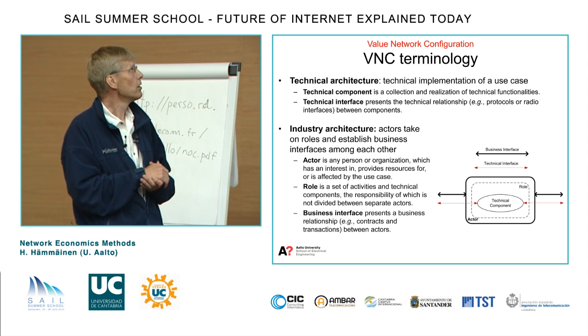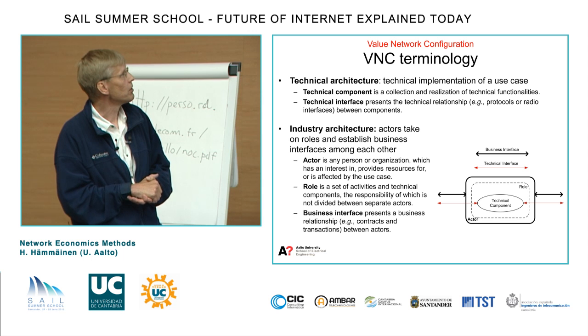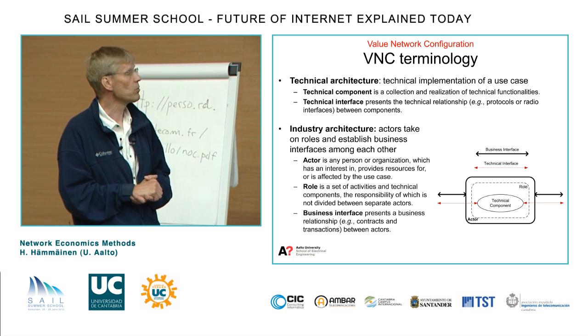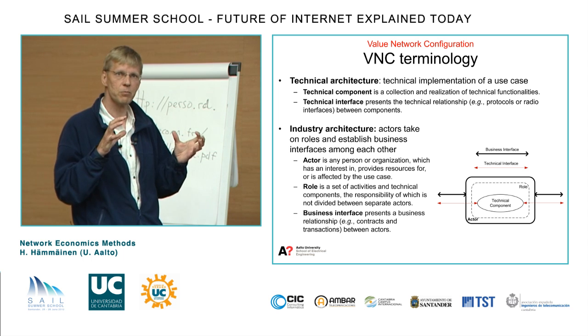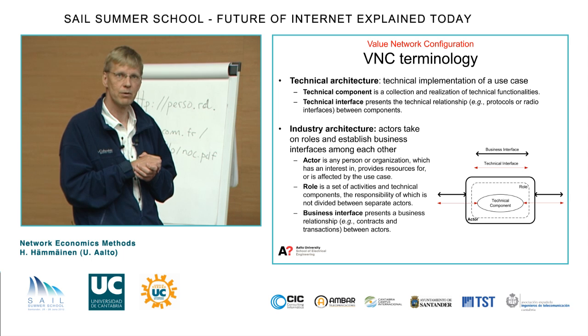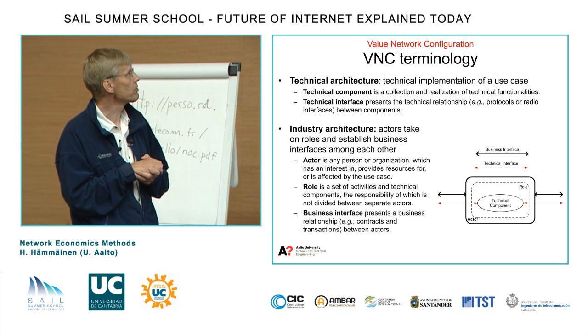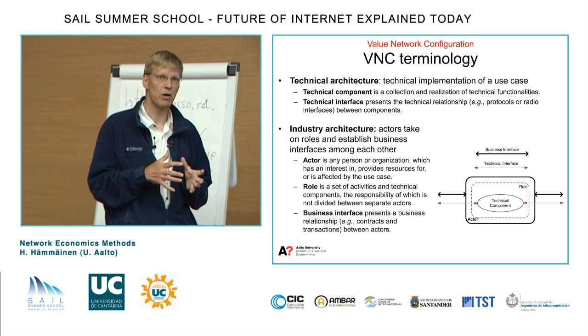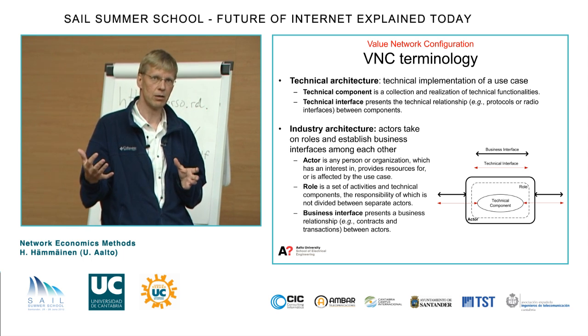If we talk about small new startup type of services, then we talk about value networks. You have to be very cautious with the terminology because it's not stable and it's not really law of nature type of facts.